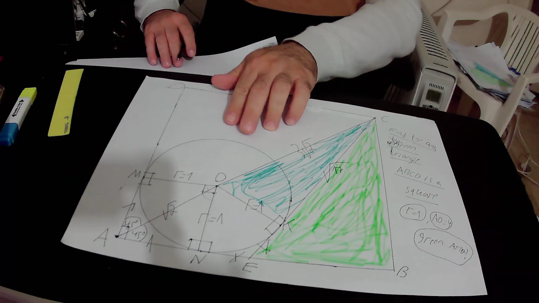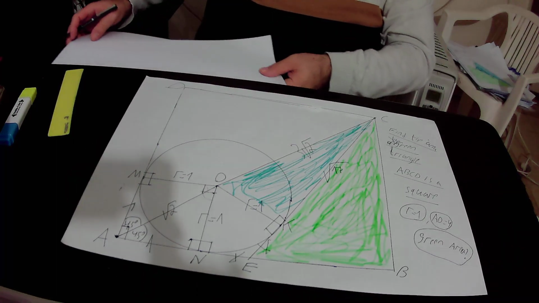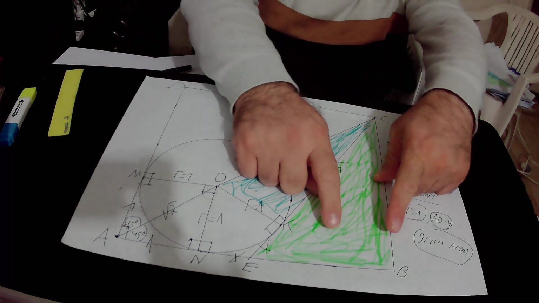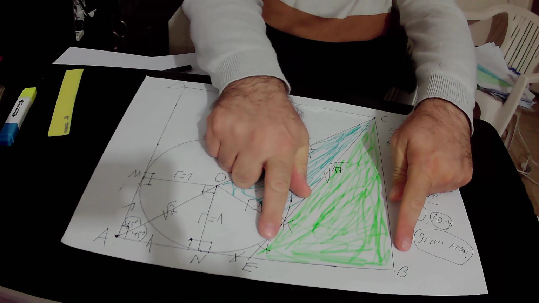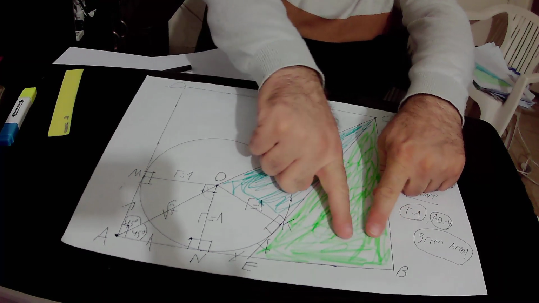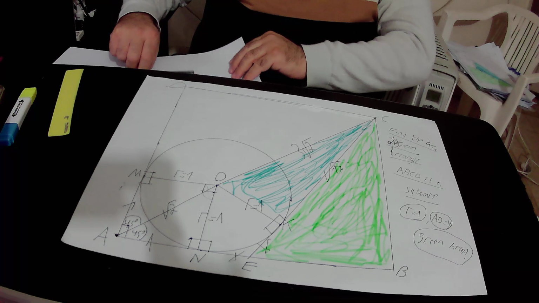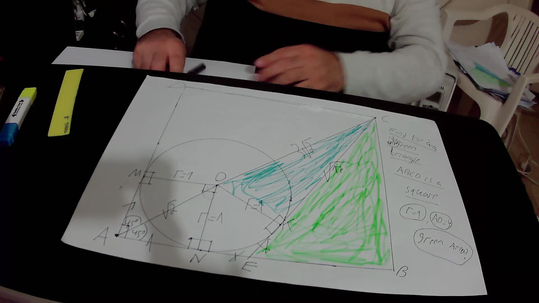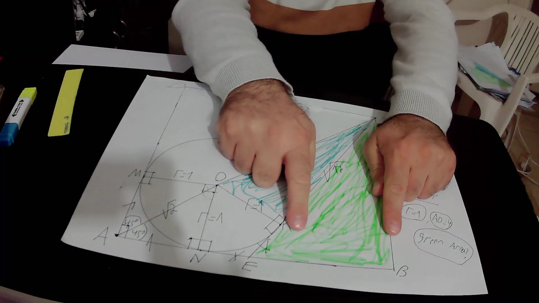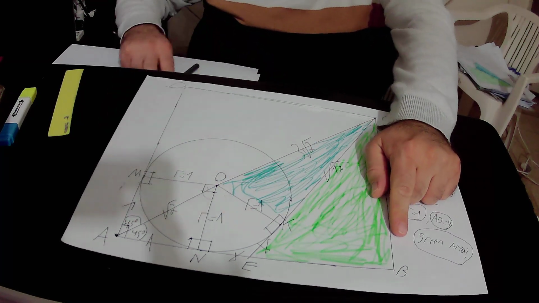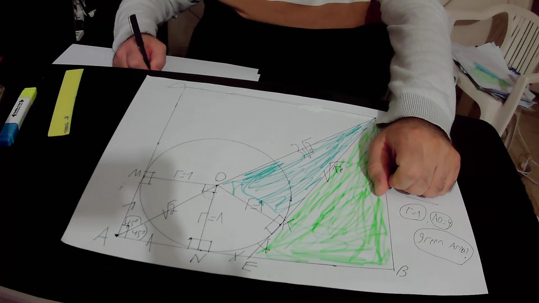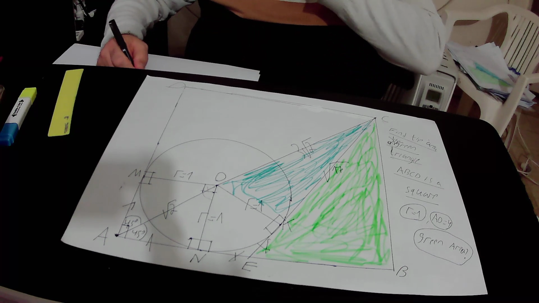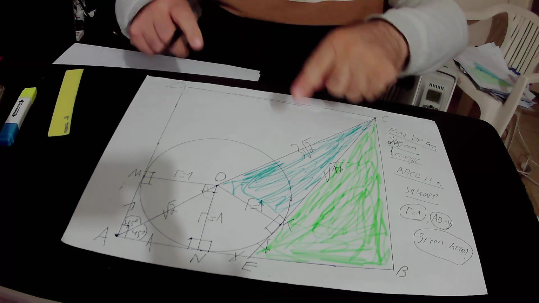And in the next step, we'll calculate the length of line segment EB. As you can see from the drawing, line segment EB equals AB minus AN minus NE.